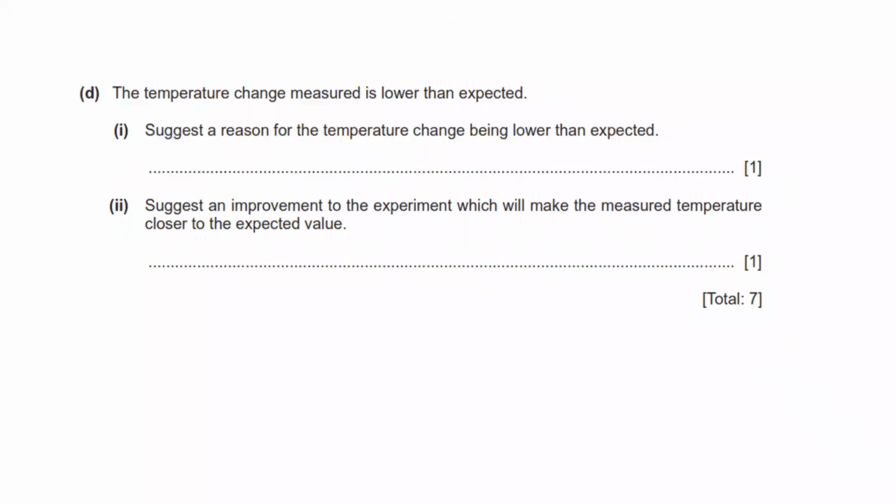Then it says this temperature change measured is lower than expected. Suggest a reason for the temperature change being lower: because of heat absorption by the equipment and heat loss.